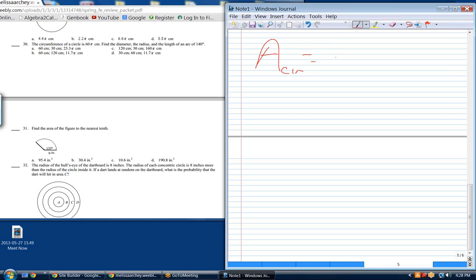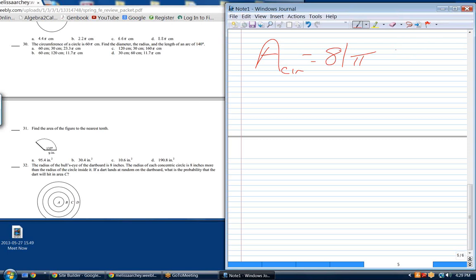Okay. So it's pi r squared. So in this case, it'd be the radius of 9 squared. Okay, 81 pi. So that's the area of the whole circle. What part of the whole circle is this?